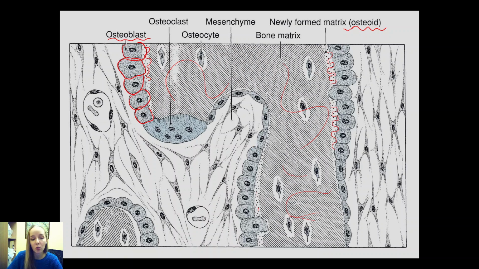It consists only of an organic component like collagen, glycosaminoglycans, glycoproteins, and proteoglycans. When it begins to be mineralized, we call it the bone matrix by default. So mineralized is bone matrix, really, and osteoid is non-mineralized matrix.